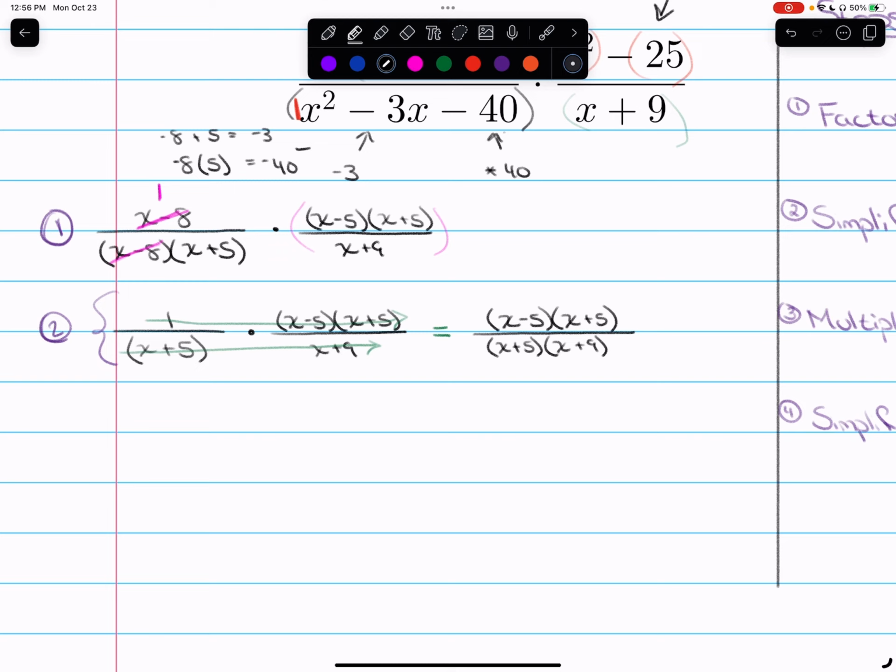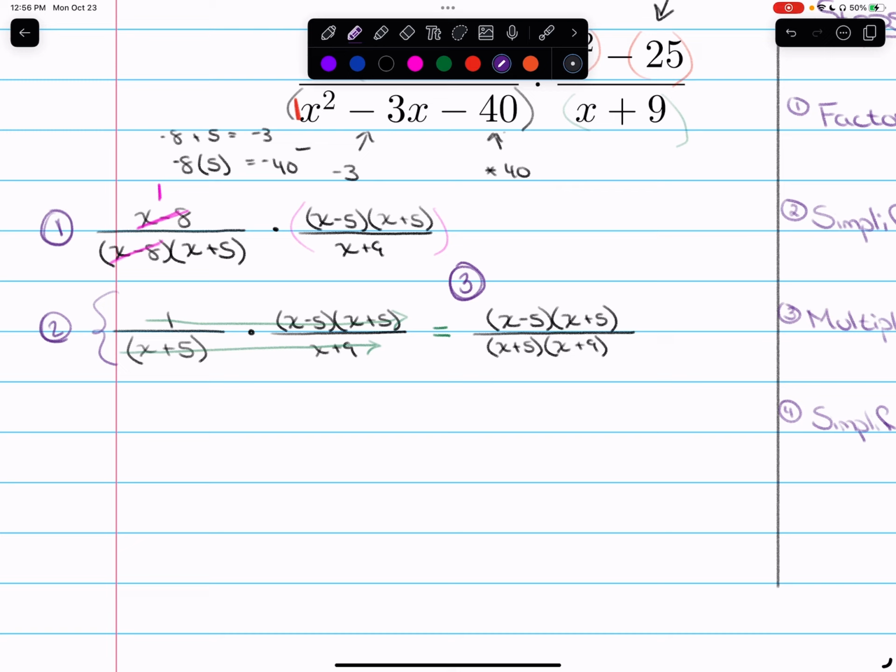Okay, we don't want to FOIL these or multiply them in any way, because then we're just going to have to undo all of that work to simplify again. So it's better if you just smush them all together to do the multiplication process. So this is our step 3. We multiplied everything together.